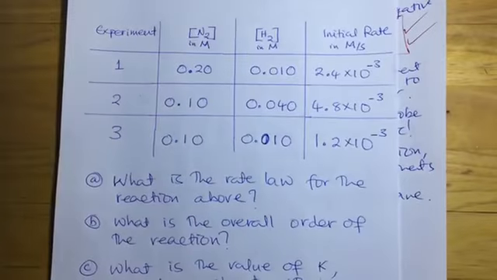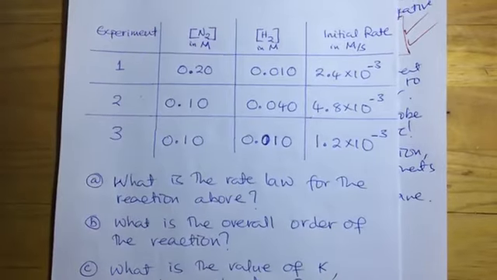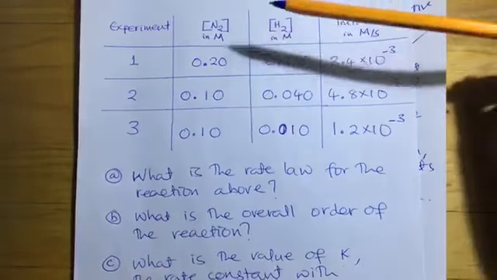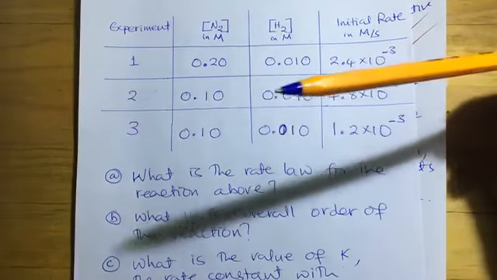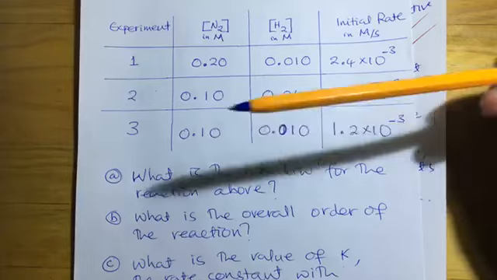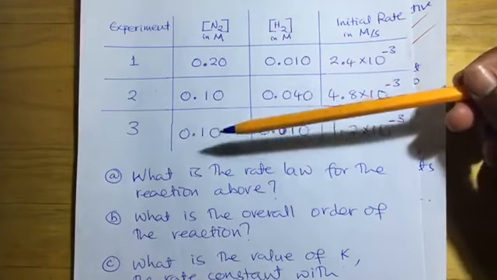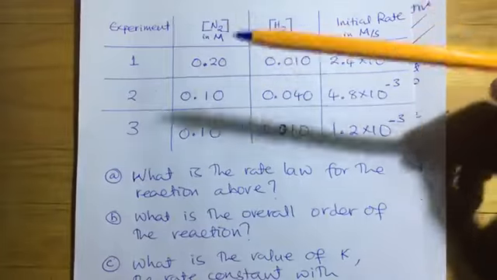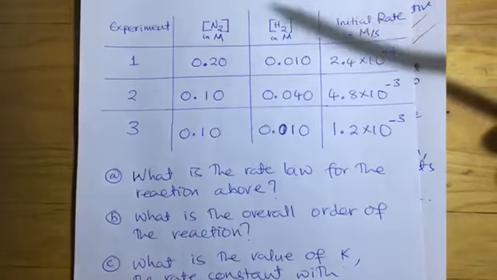So we have a choice here. I can either go with experiment 1 and experiment 2, or experiment 2 and experiment 3, or experiment 1 and experiment 3. It's up to you to choose.